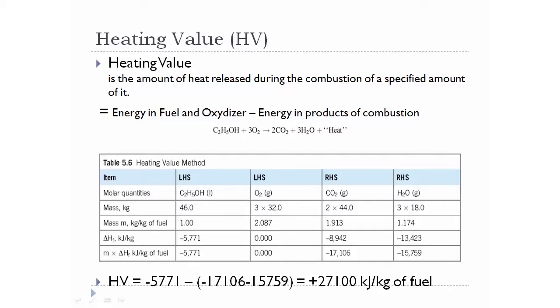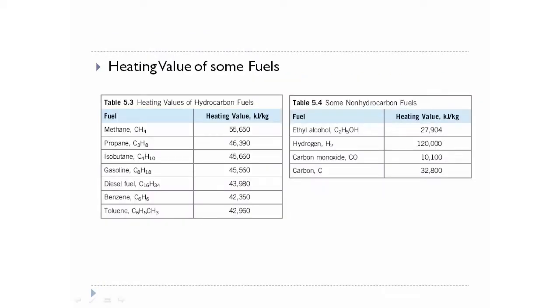On the right hand side, from CO2, we will have around minus 17,106, and from water, around 15,759. So in total we will have 27,100 kilojoule per kilogram.